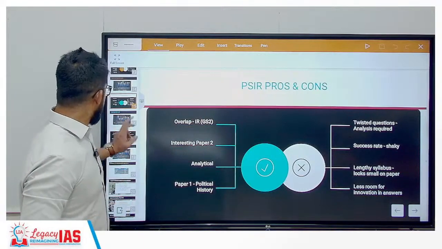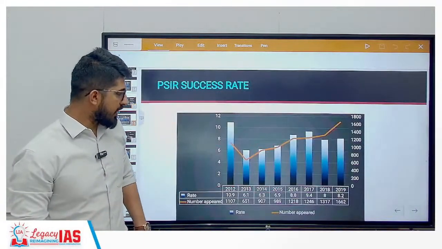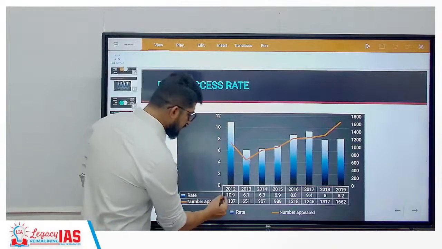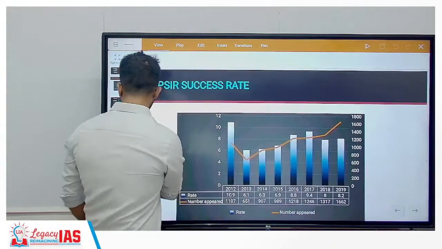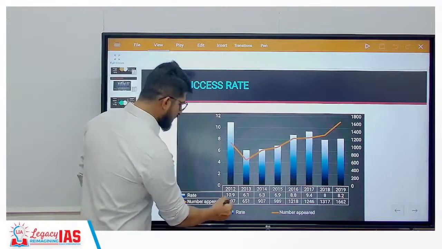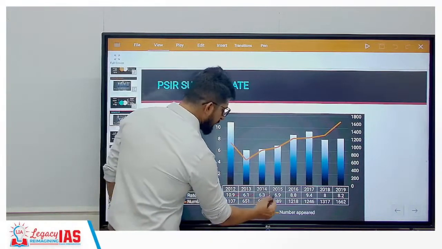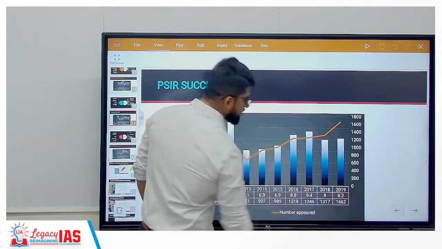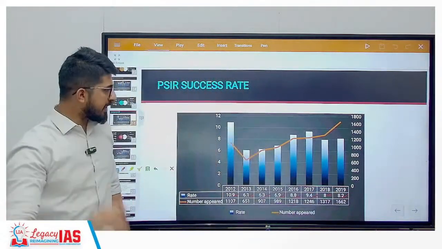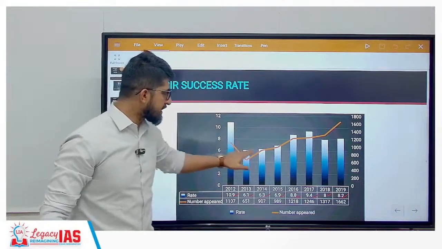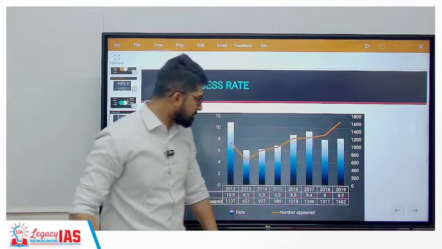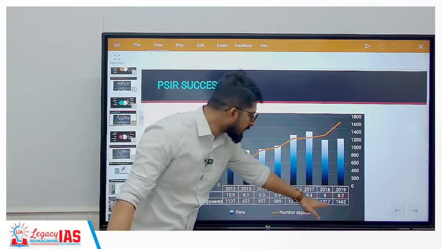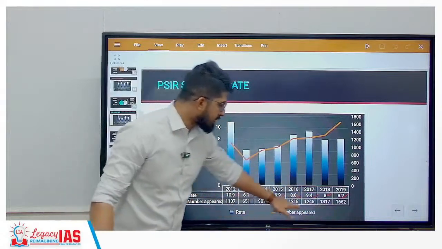So, the success rate of PSIR, this is how it has been. Look at this, shaky. As I told you, it is shaky. There have been ups and downs: 10.9, 6.1, 6.3, 6.9, again 8.8, 9.4, 8, 8.2. So that's how the success rate has been. But the number of people taking this as an optional has remained on the higher side.